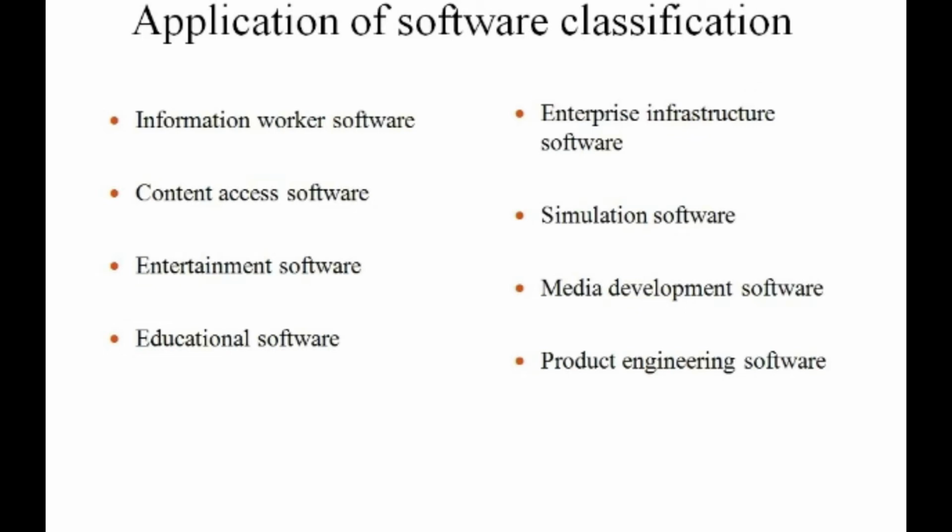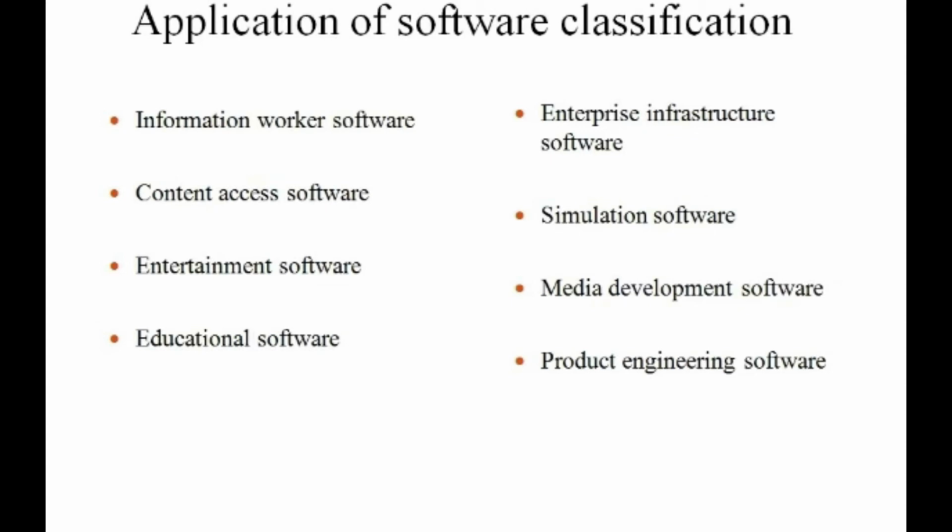Enterprise software addresses the needs of entire organization processes and data flow across several departments, often in a large distributed environment. Information worker software lets users create and manage information, often for individual projects within a department.